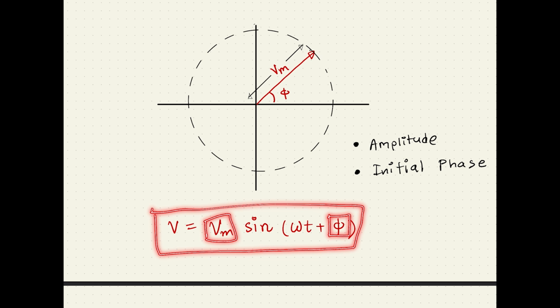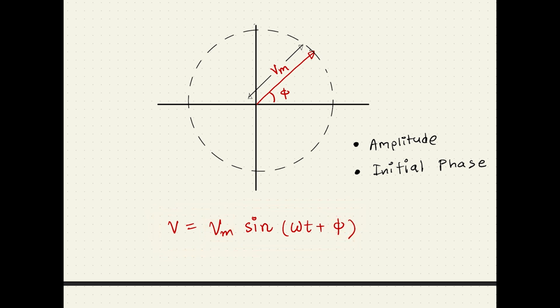The phasor representation of V is a vector whose magnitude, whose length, is the peak value of the voltage, that means Vm, and its angle is the initial phase angle of the voltage. So any voltage or current can be represented as a phasor with its peak value and initial phase.